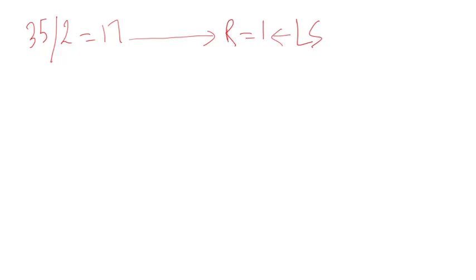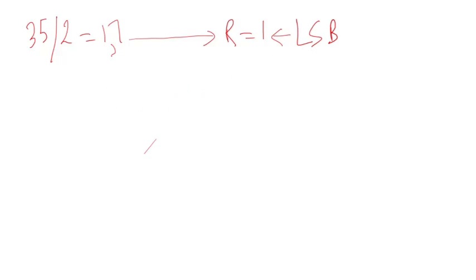So basically you take the decimal number and you divide it by the base you want to convert to. So 35 divided by 2 is 17 with a remainder, R stands for remainder, of 1. So this position here is the least significant bit, and that's important. We'll see why.